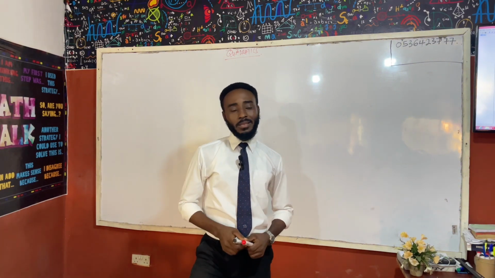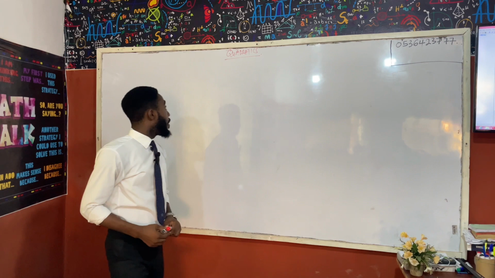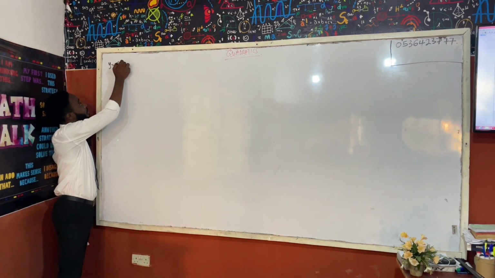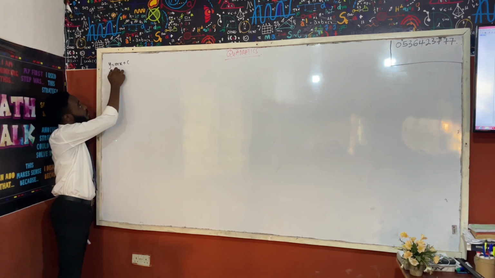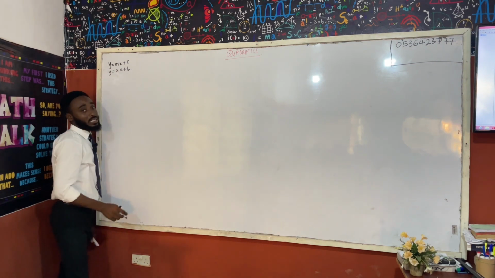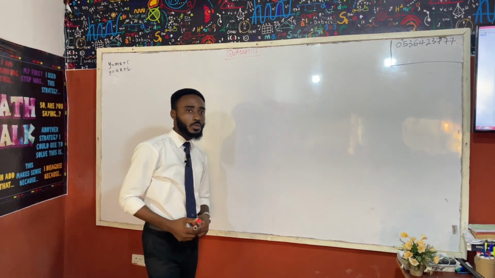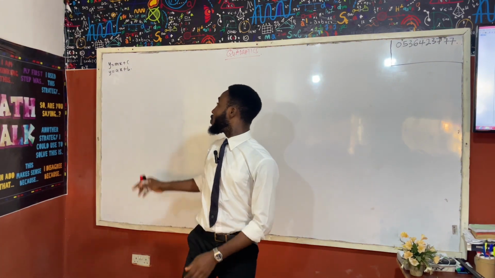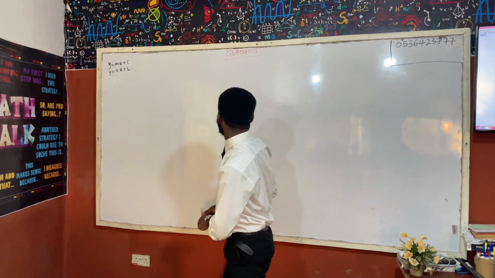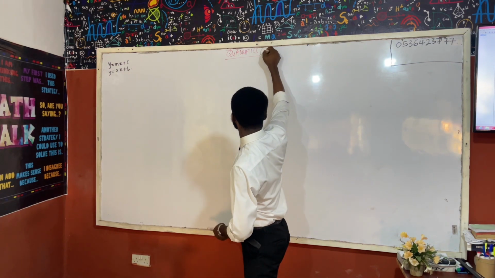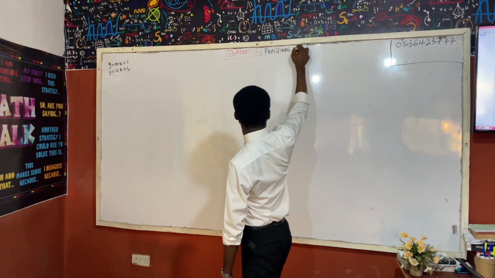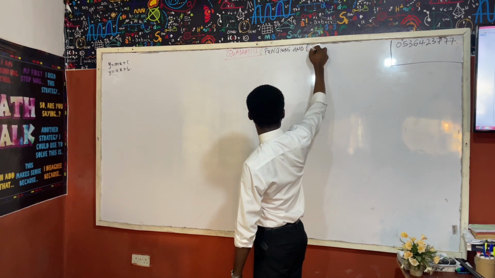We write the form y is equal to mx plus c, and I can see it written as y is equal to ax plus b. But this time around, we want to talk about something a little bit advanced, and we call it quadratic functions. Or let me better put quadratics, it could be talking about the functions and then the equations.